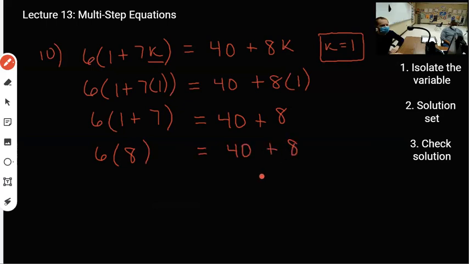So now I have multiplication on the left side. 6 times 8 is going to give me 48. And on the right side, I have addition. 40 plus 8 is also going to give me 48. So that is my true statement. So because we got that true statement, we know that k is going to be equal to 1.